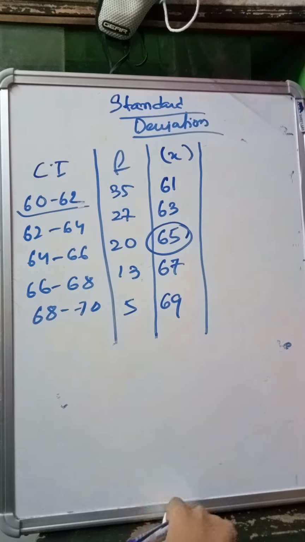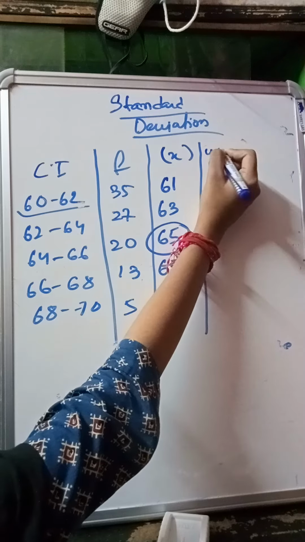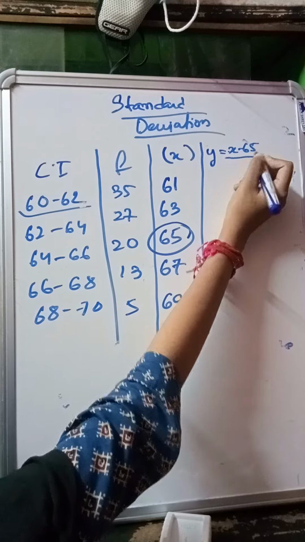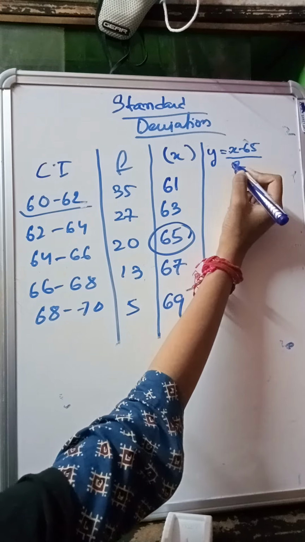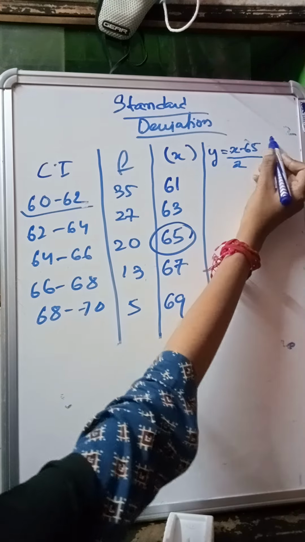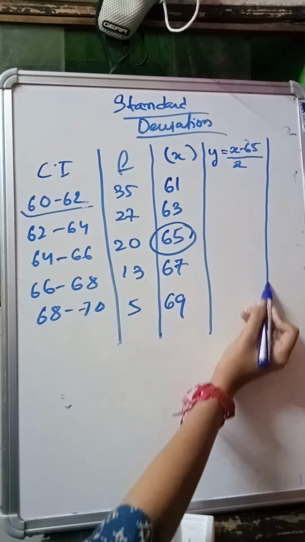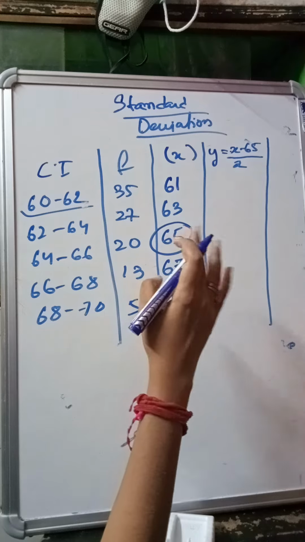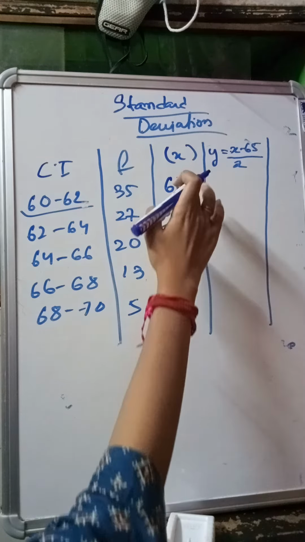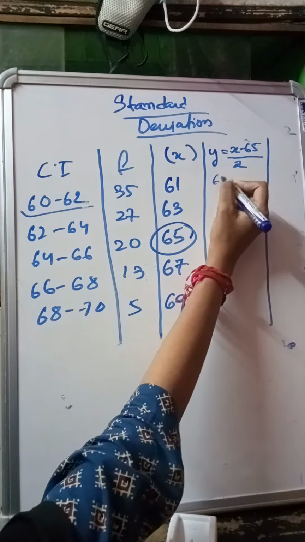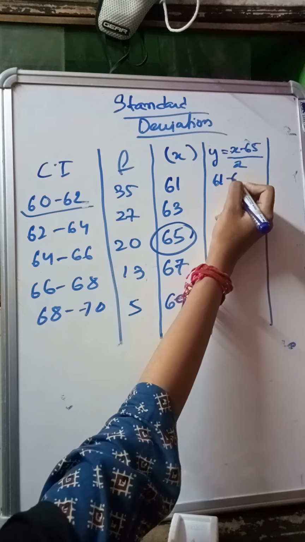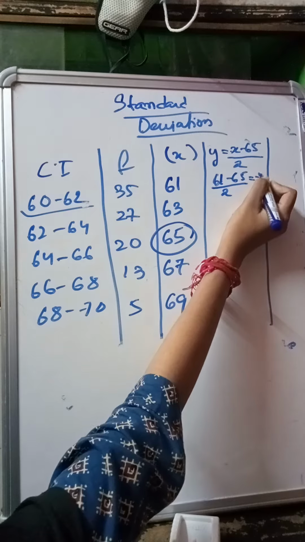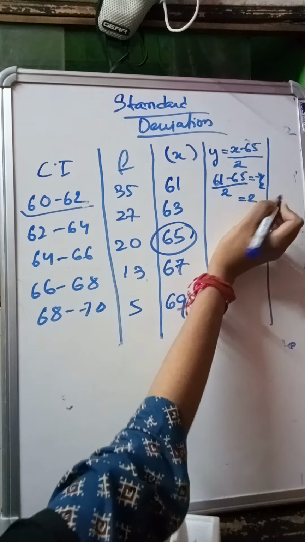Okay, so now we will define a new variable, y = (x minus 65) divided by 2, where 65 is my change in origin and 2 is my change in scale. If we calculate this, for the first one, x is 61, so 61 minus 65 divided by 2 is minus 4 by 2, which is minus 2.